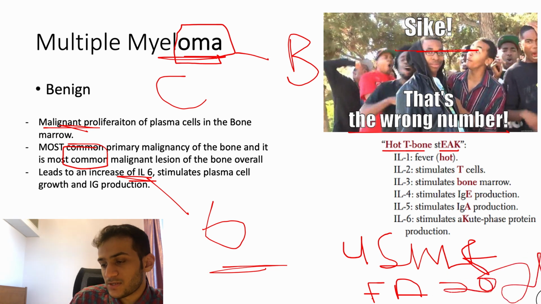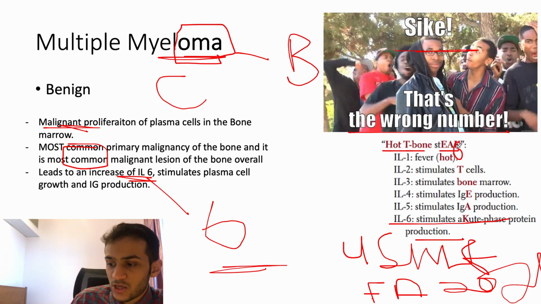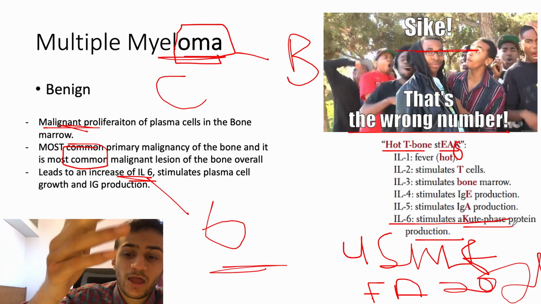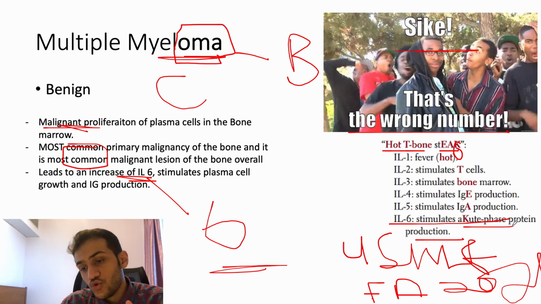So the 1 is hot, the 2 is T cells, the 3 is bone, the 4 is IgE, the 5 is IgA, and the 6 is going to be acute phase protein production. So you're producing acute phase proteins, which are proteins from your liver, and you're also stimulating plasma cells and immunoglobulin production.